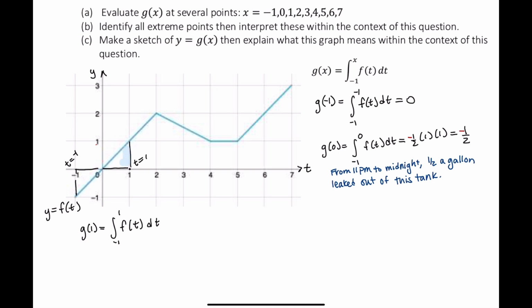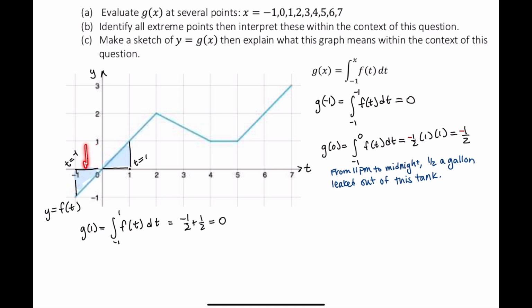So that's this one here and this one here. Now we know the area of each of these is 1/2, but this one here has a signed area of -1/2, and this one here has a signed area of +1/2.